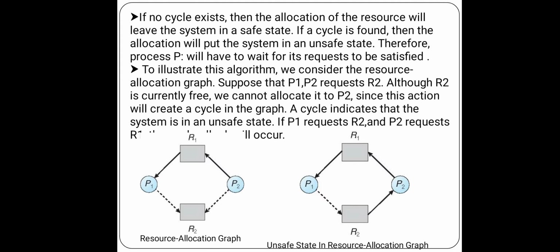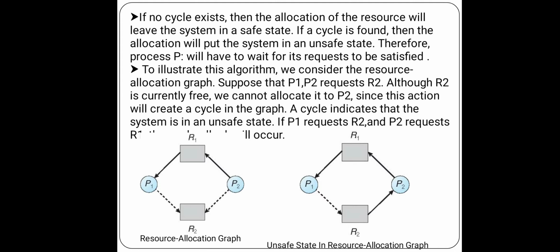Once again, you have to observe these two diagrams of the resource allocation graph. Here we have process P1 and process P2, resource 1 and resource 2. Both P1 and P2 are requesting.